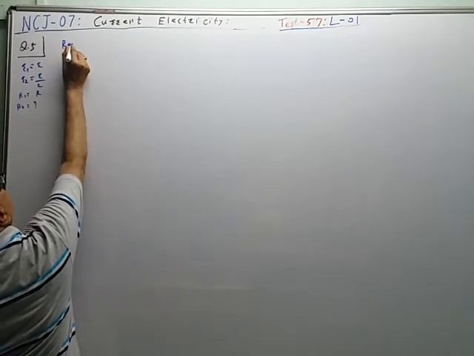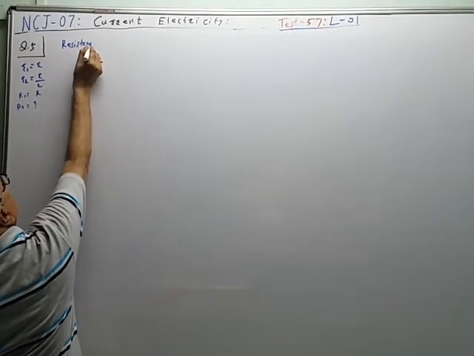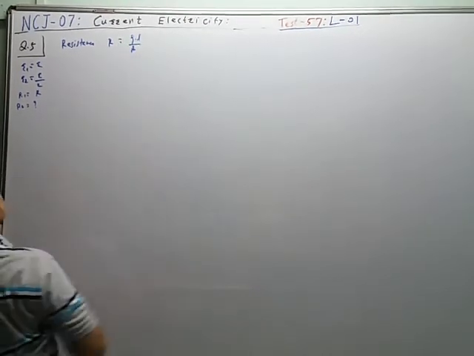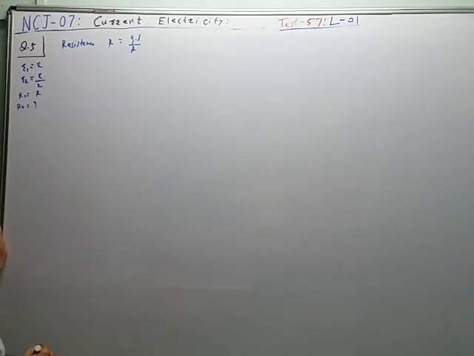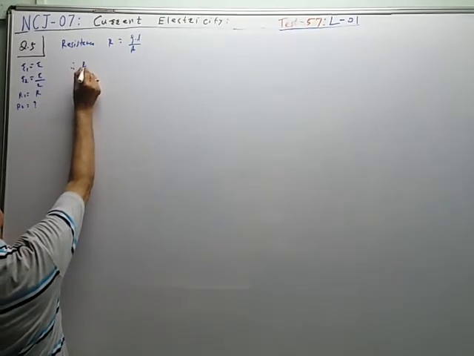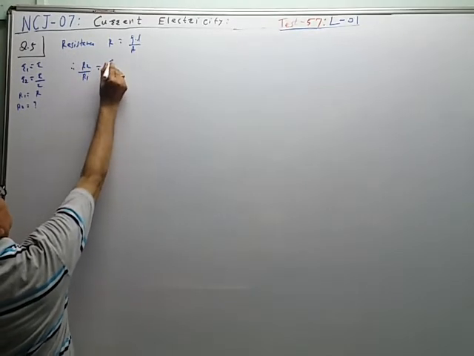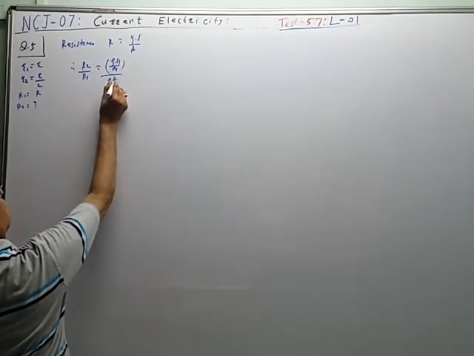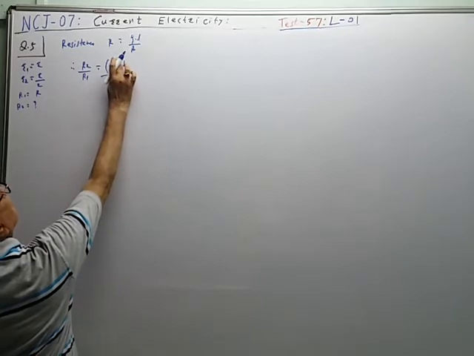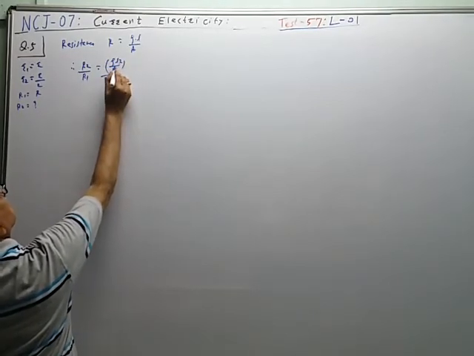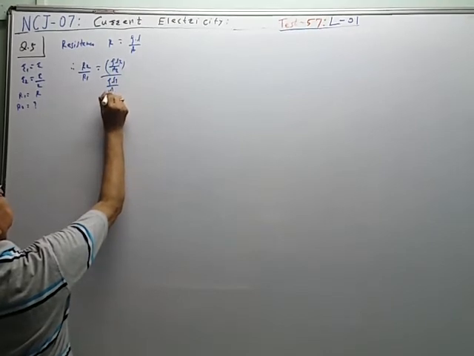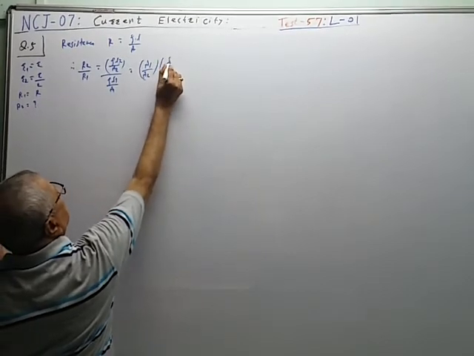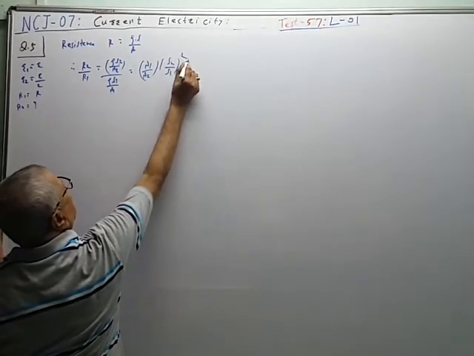So resistance R is equal to rho into L upon A. R2 upon R1 is equal to rho into L1 upon A1, rho into L2 upon A2, so this is equal to A1 upon A2 into bracket L2 upon L1 whole bracket square. This is equation 1.